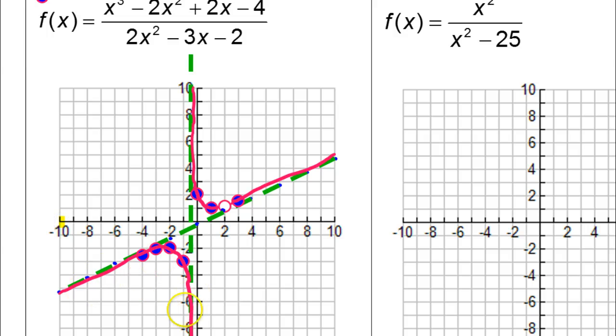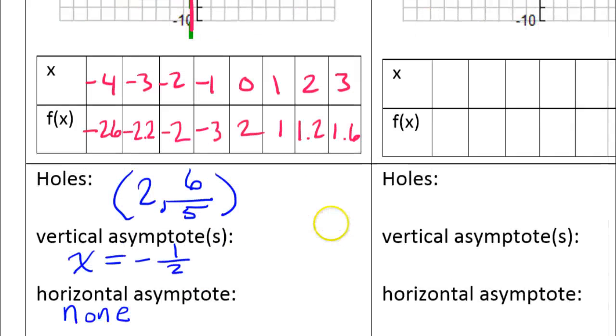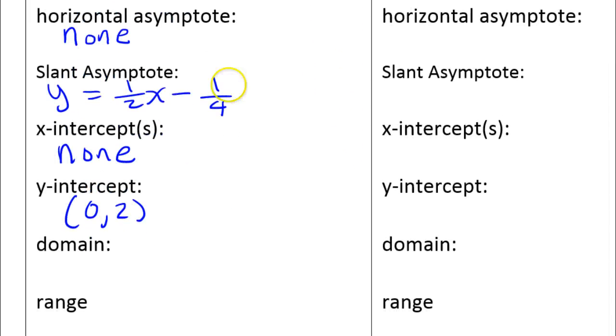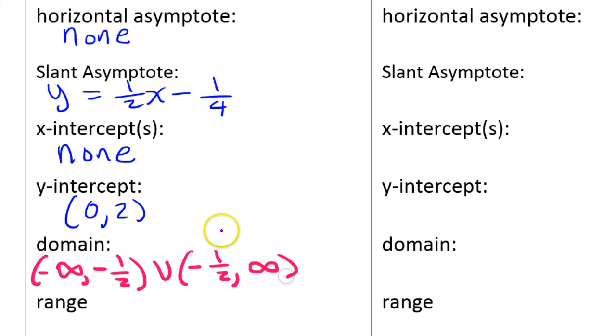So this lower branch down here, if I look at the x-axis, goes from here to here. That's -∞ to -1/2. So that's the first part of my domain. And then it's going to pick up from there and go from -1/2 to +∞.